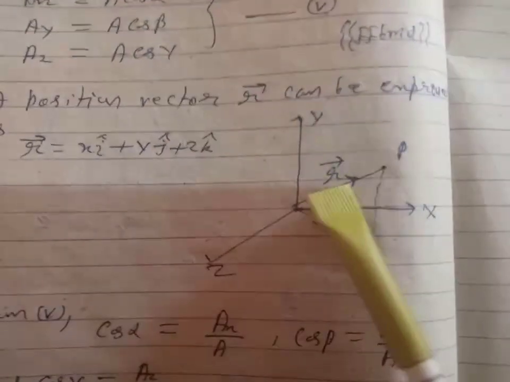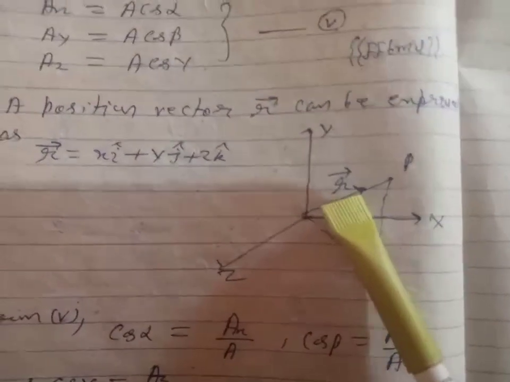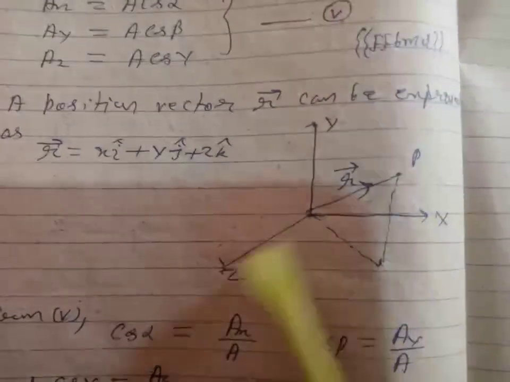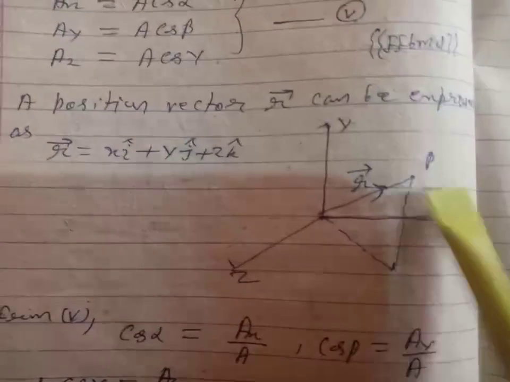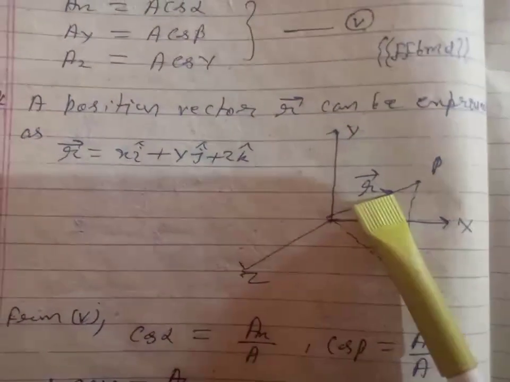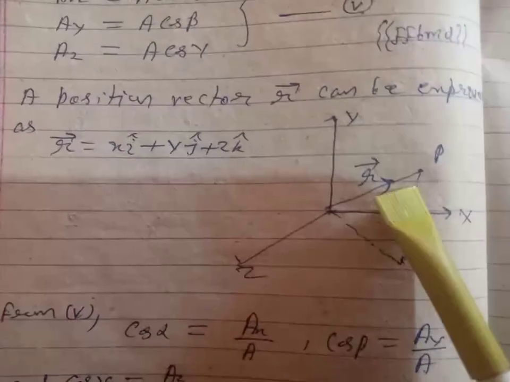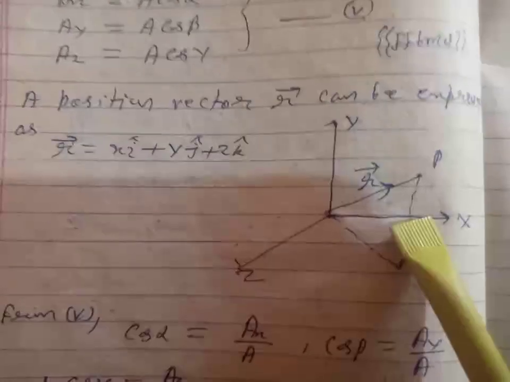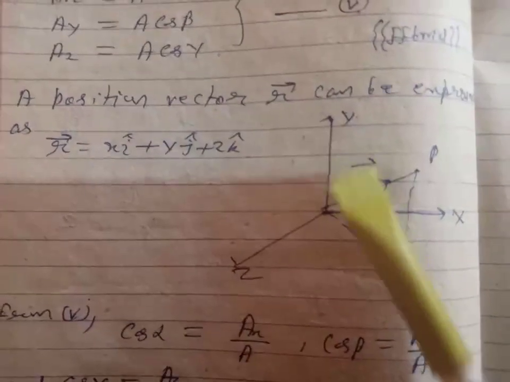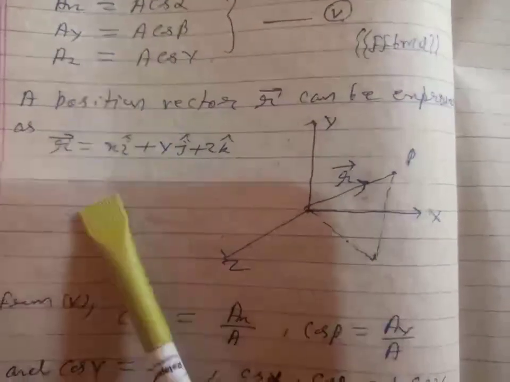Then this vector can be resolved into three components along the x-axis, y-axis and z-axis. That is, this vector can be written as the sum of three vectors, one along the x-axis, one along the y-axis and one along the z-axis, as we showed in the above example.